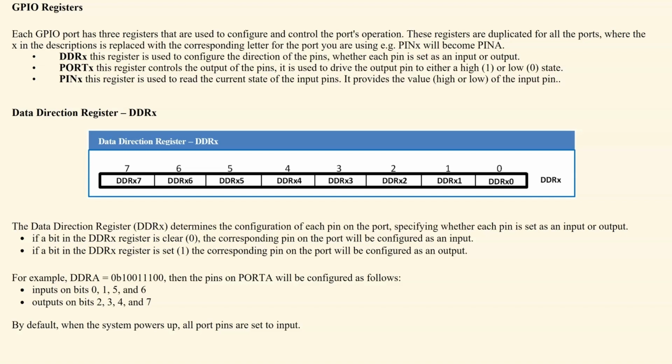If the bit is 1, the corresponding bit on the port will be an output. An example of setting the inputs and outputs on port A is shown. Note, by default, all port pins are input.